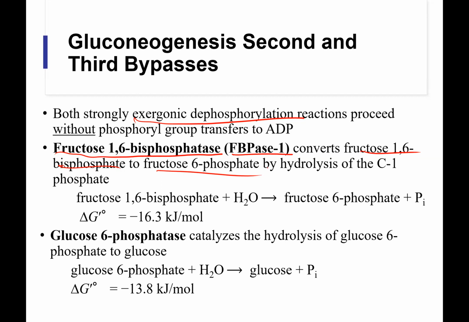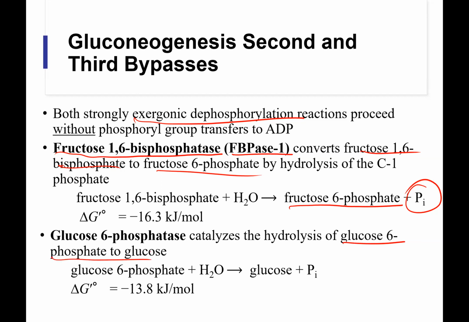FBPase-1 is the reverse of PFK1 as we have it in glycolysis. But now we're taking fructose 1,6-bisphosphate and dephosphorylating it to fructose 6-phosphate, releasing inorganic phosphate, okay? Glucose 6-phosphatase: hydrolysis of glucose 6-phosphate to glucose.